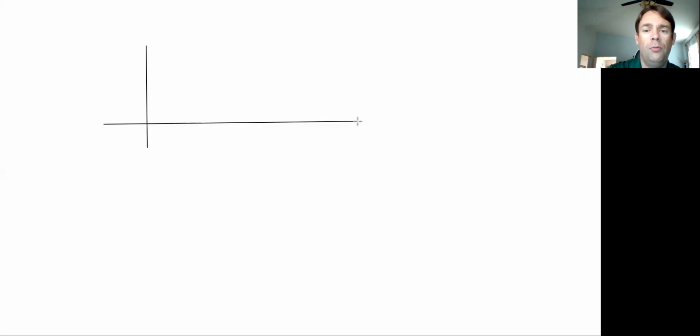And one final thing we need to bring up here. By now you probably know that I'm going to throw a relative maximum on there, and a relative minimum on there. And by now we know exactly what a relative max is. It's where the graph goes from increasing to decreasing.